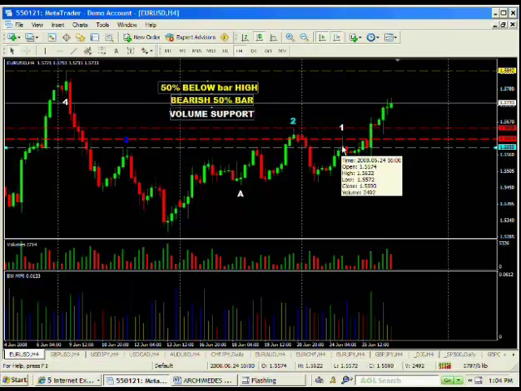Since operators did not show up on this bar, we know that this bar was predominantly the public rather than the operators. And what happens to the public? Once again, we get faded. I'm getting a little ahead of myself here, but this is how we put the concepts together.